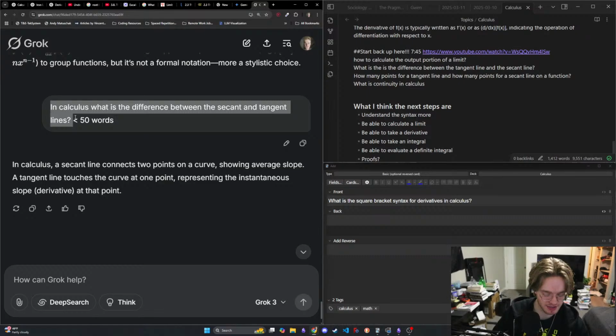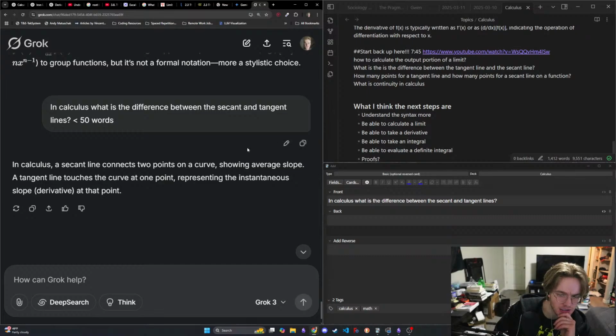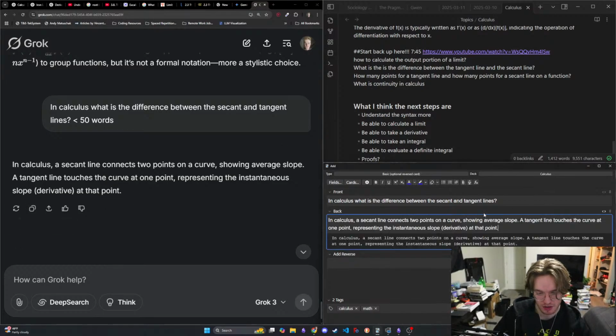Oh, that makes sense. Yeah, it's the average slope. Like the average slope for those 2 points on the curve. Secant showing the average slope. I would like to know a little bit more.